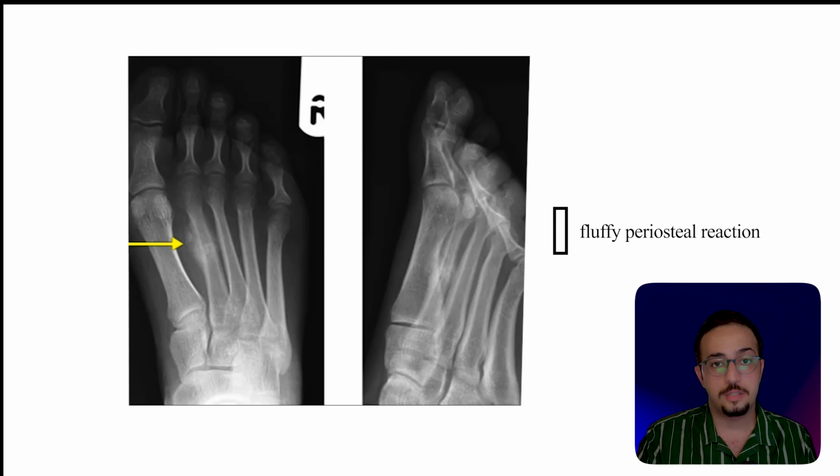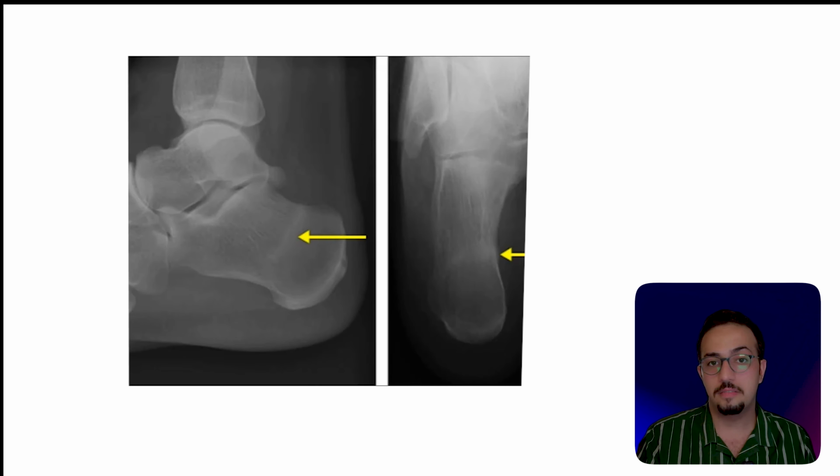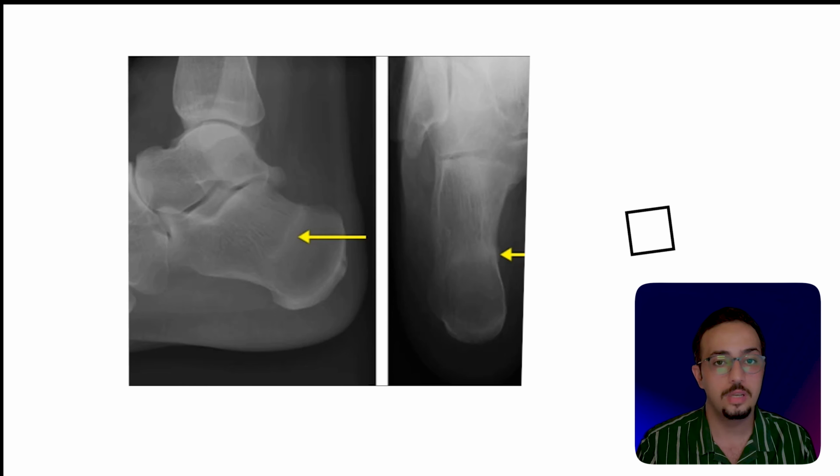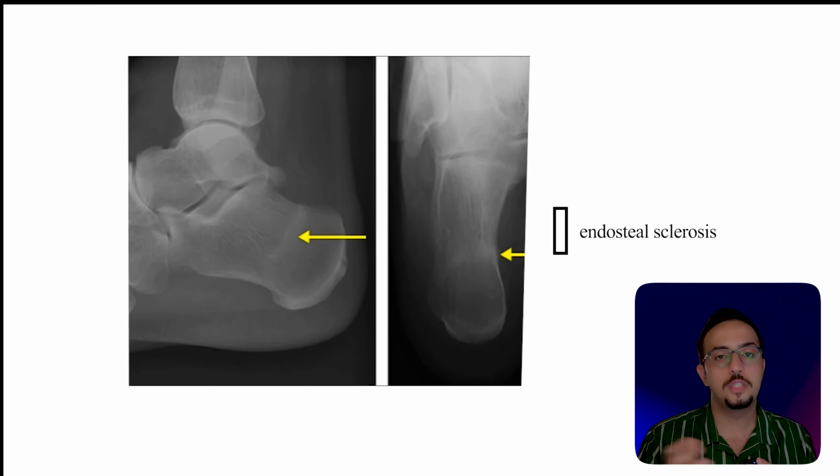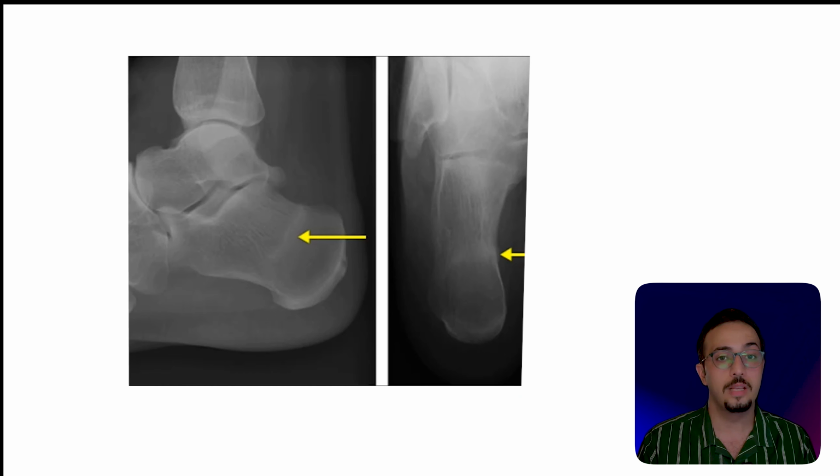In some cases, you might also see a line of denser bone inside, which is called endosteal sclerosis, showing that the bone's starting to heal up. This kind of thing usually shows up in stress fractures of the calcaneus and the tibial plateau, of course.